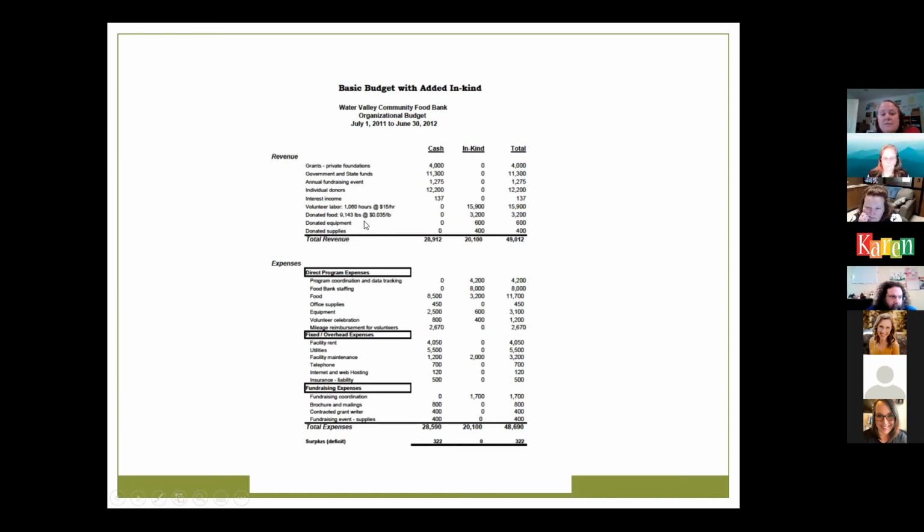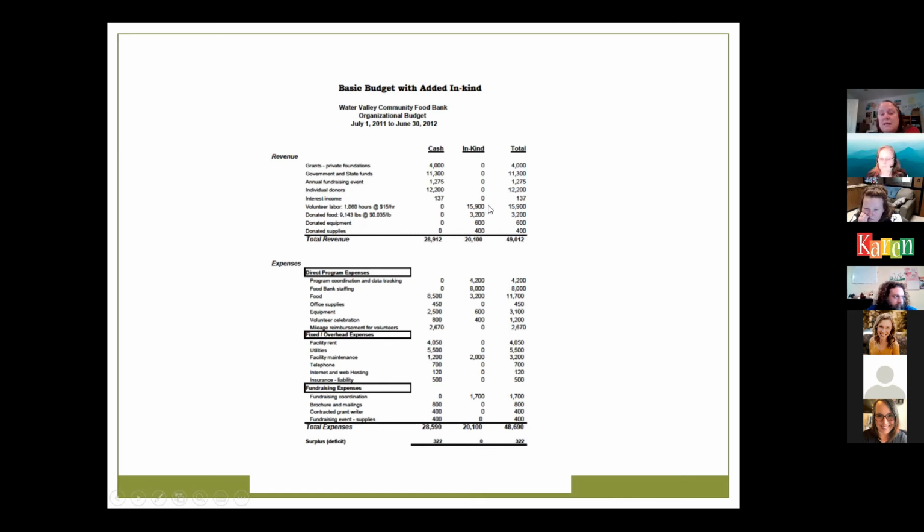They're also getting some donated food, and it looks like somebody probably looked up on the irs.gov what the value of that food was, and they're getting some donated equipment. Okay, great. 20,100 in revenue.